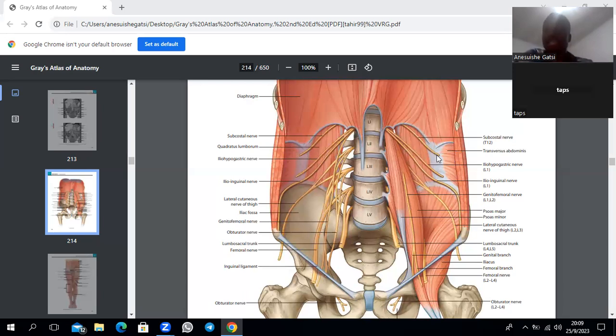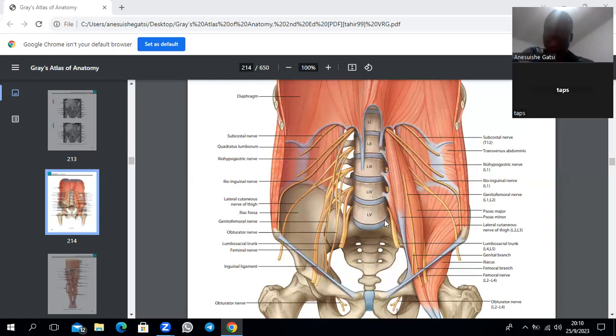Remember, when you were doing the anterior abdominal wall, the muscles on the anterolateral side, external oblique, internal oblique, and transversus abdominis, are innervated by intercostal nerves T7 to T11 plus the subcostal nerve. That's how the subcostal nerve reaches those muscles.